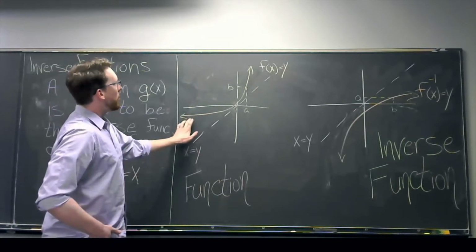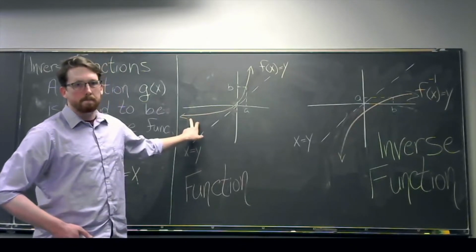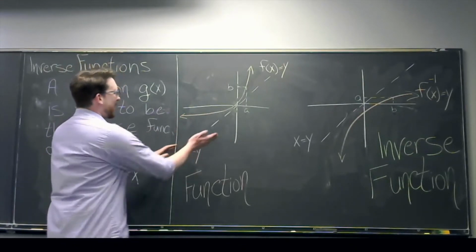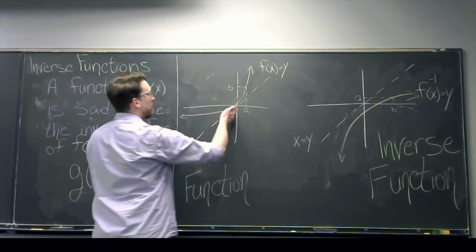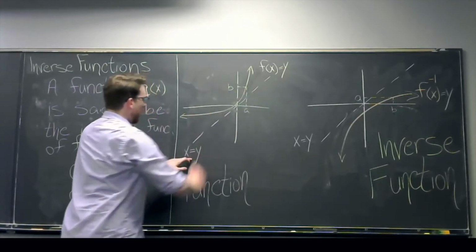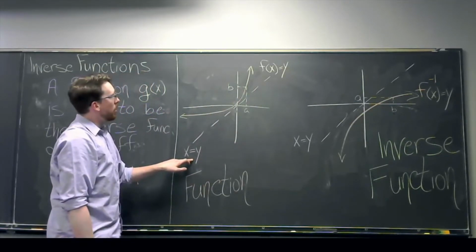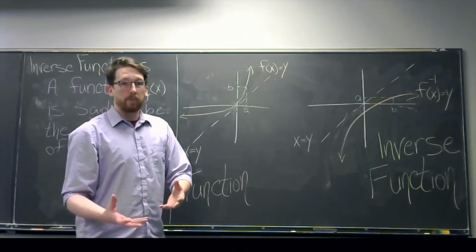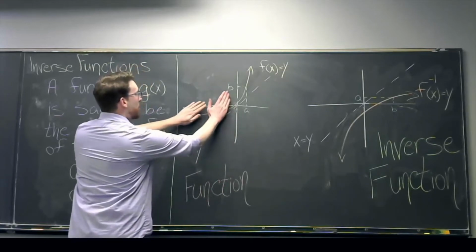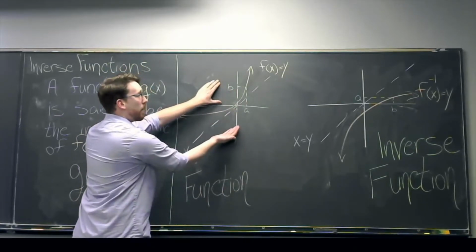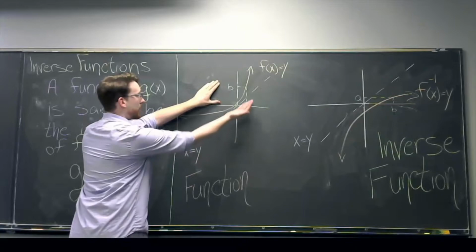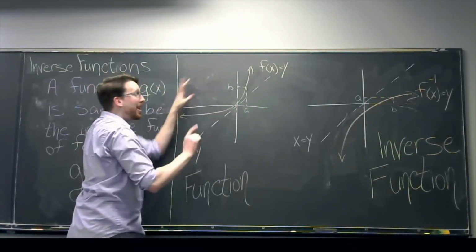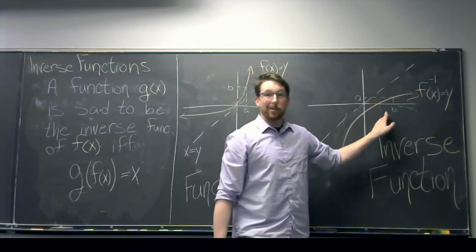Notice here we've got this function f of x. It does lie above this line x equals y. Now, if we were to find the inverse function, it would be the mirror image of f of x across this line x equals y. It would be this graph.